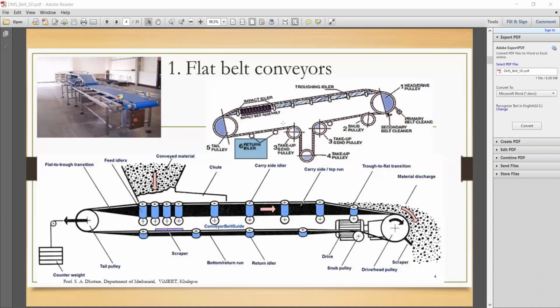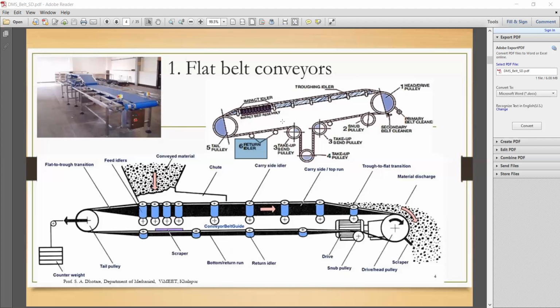The width of a flat belt conveyor is limited, so we can convey only a limited volume of material. So in a nutshell, we can use the flat belt conveyor for long distances, and if there is variation or an uneven surface, we can still use the flat belt.